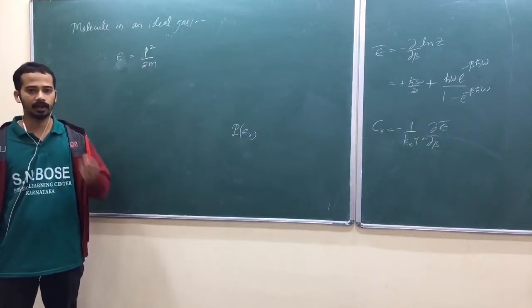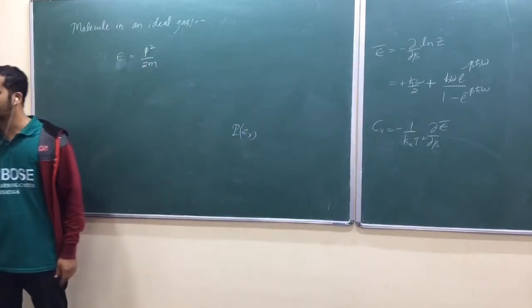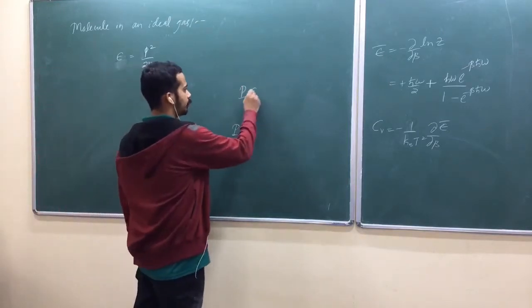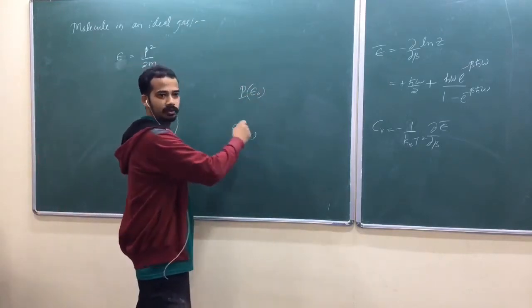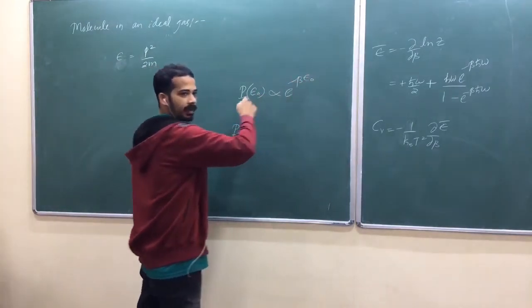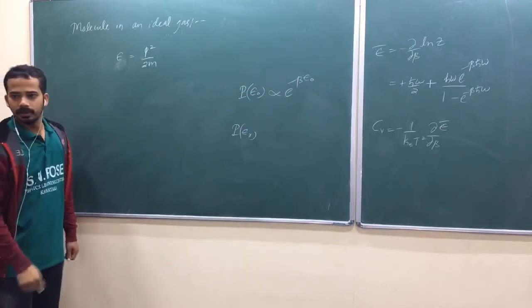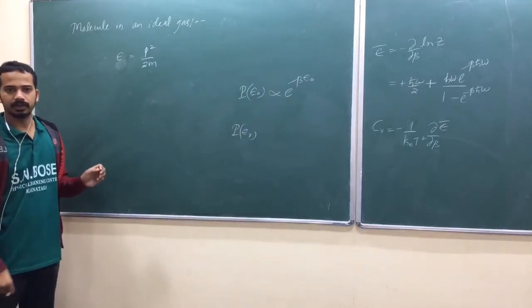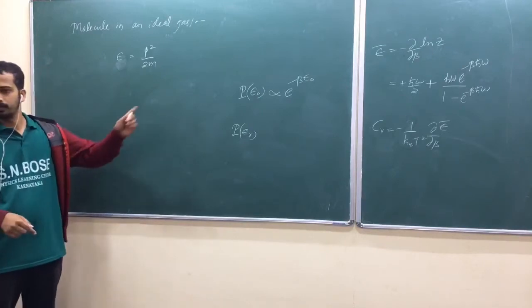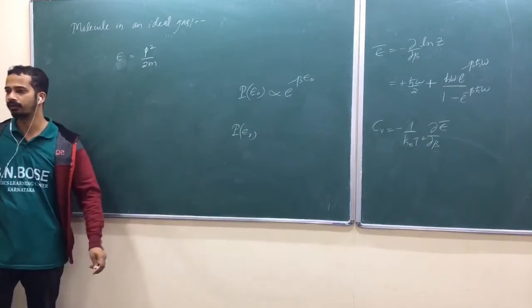You can't talk about very sharp values, isn't it? Earlier you could talk about the probability of getting the ground state, the probability of getting E naught, which is proportional to e raised to minus beta E naught, am I right? But in this case, you can't talk directly about the probability of getting the particle at that position, remember, because it is a continuous variable.